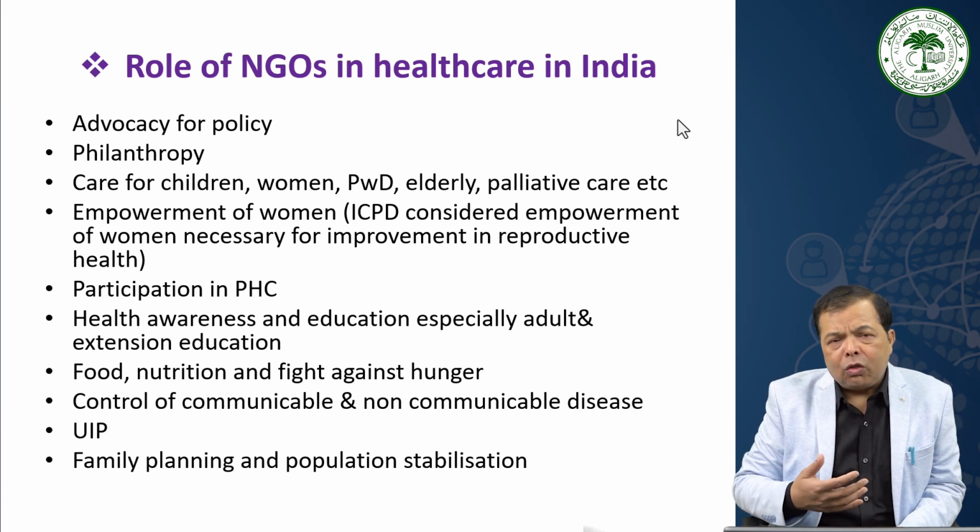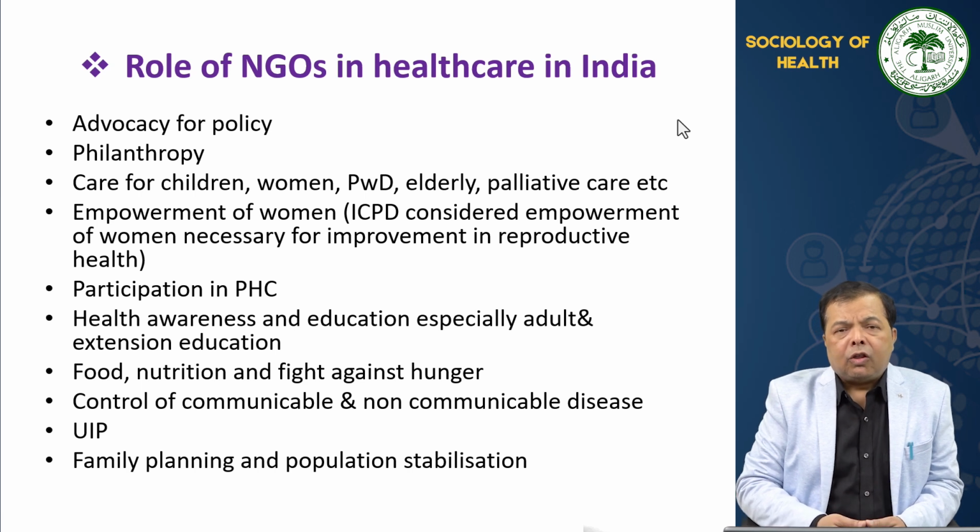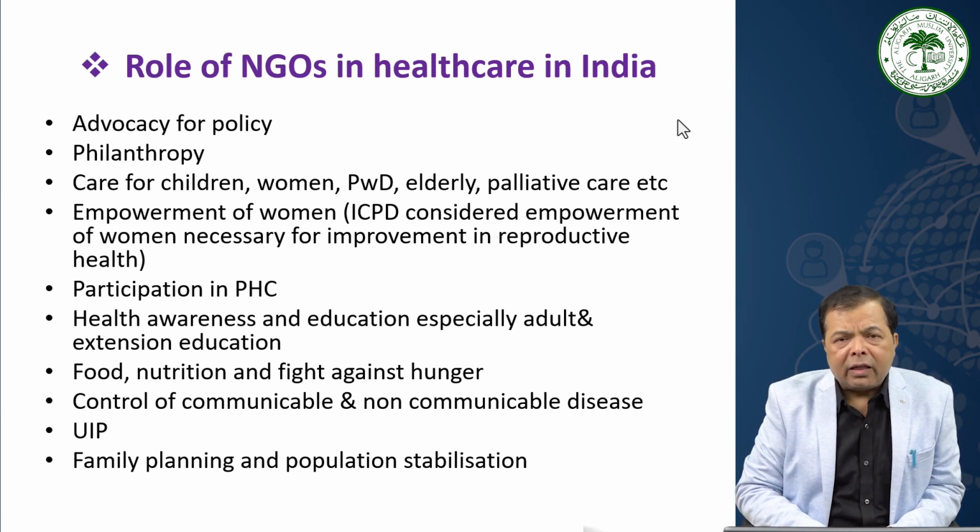The NGOs do have the advantage because they are based on voluntary work, and people can join these organizations and serve humanity. So these are some of the important issues I wanted to talk about.